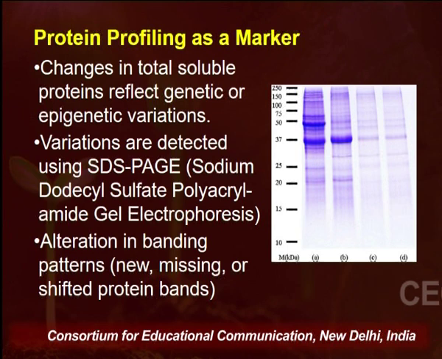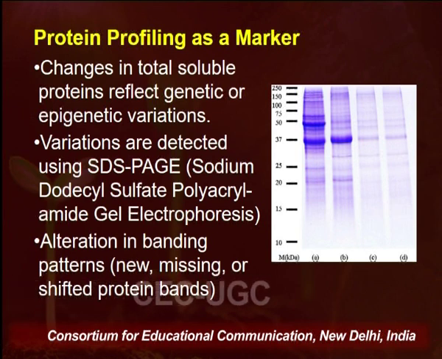So in this image you can clearly see, I have just shown a representative image of a gel electrophoretogram. When we are profiling the protein as the marker, changes in total soluble protein reflect the genetic or epigenetic variations. And these variations, as we discussed, can be detected using SDS-PAGE, that is sodium dodecyl sulfate polyacrylamide gel electrophoresis.